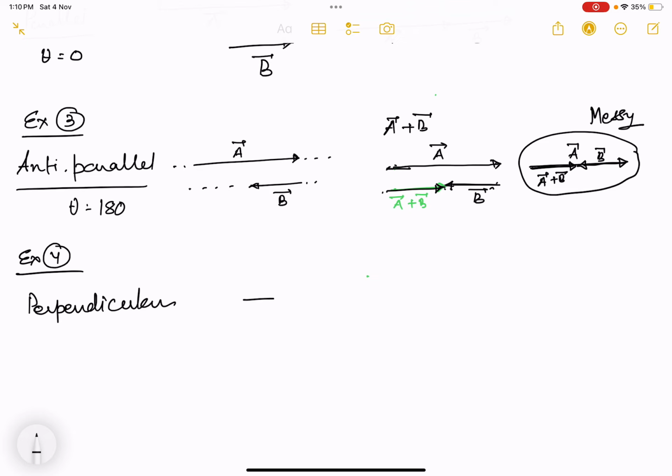I have my vector A here and I have my vector B here. Now I want to find out what is A plus B, and then I will try to find out what is B plus A. Let me see if you can do it quickly. How do we say A plus B? कैसे करेंगे?